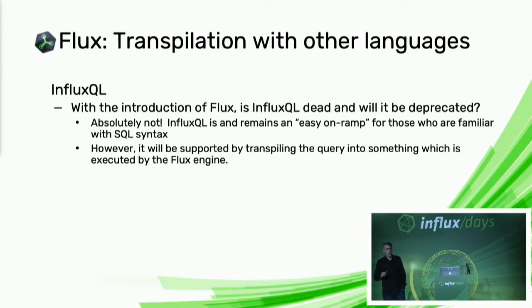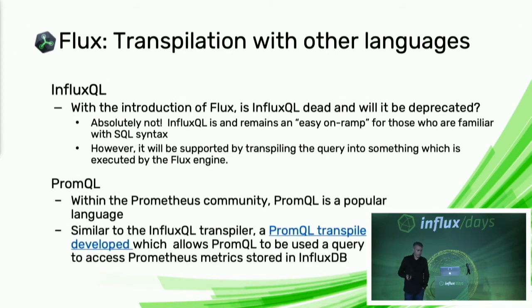What that means is we wanted to have a core engine and sophisticated enough semantics to allow us to accept other languages and on the fly convert them to something the Flux engine could execute. I'm proud to say the engineering team has worked pretty hard on this, both with InfluxQL and also, for those of you interested in the Prometheus community, for PromQL. We've had contributions from Julius Volz from that community to help us build a PromQL transpiler as well.